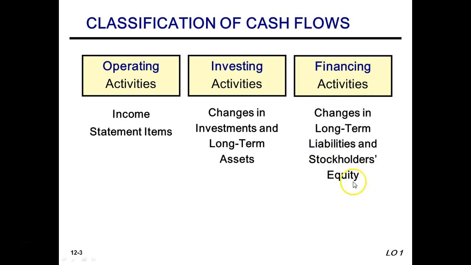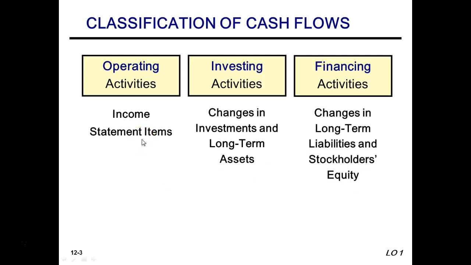This section tells us how companies are going to get money to pay for things. Do they have to issue a bond? Do they have a loan? Are they going to issue stock and get cash from stockholders? Also important in this section is when we pay dividends to our stockholders, again, transactions that impact our stockholders.